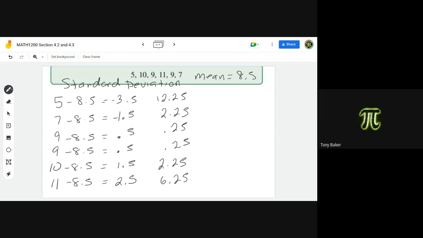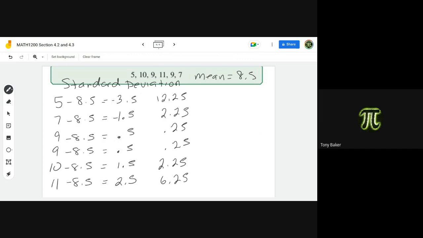All right. So add them all up and divide by how many I have. So you're finding the mean. You got what? Yeah, 23.5. So you added them all up. So you got 23.5.